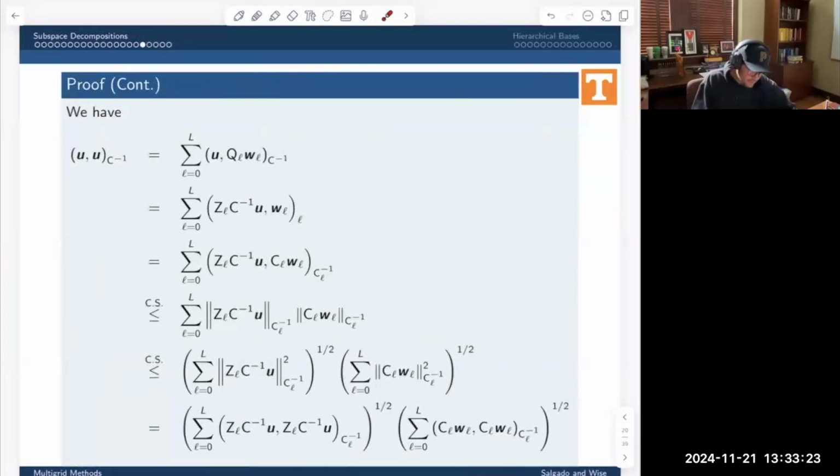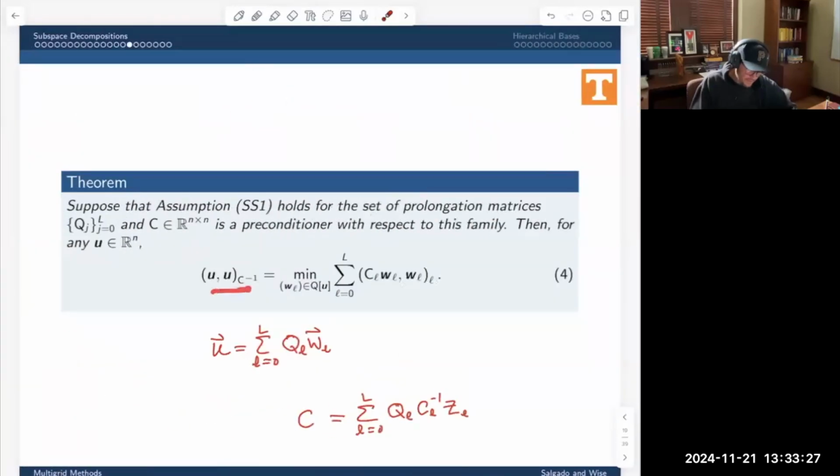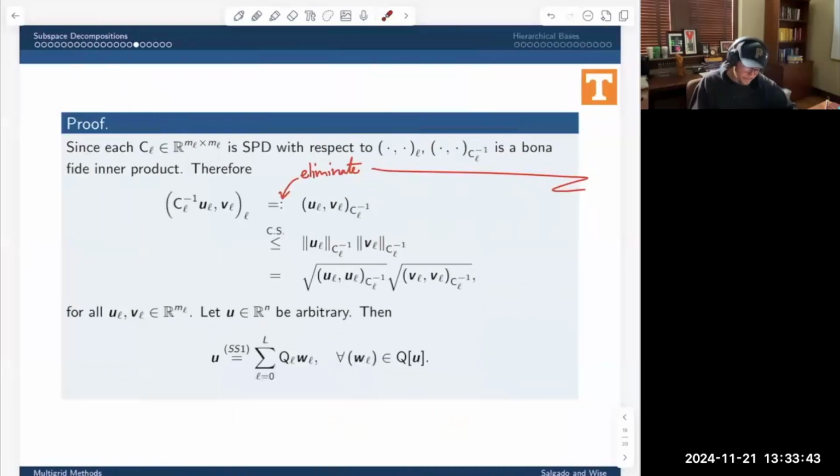And now, as I said, we're interested in computing that thing on the left-hand side, which we originally had. We're going to do this in two steps. We're first going to show that this is less than or equal to this sum, for any WL in the Q class. And then finally, we're going to minimize over that Q class.